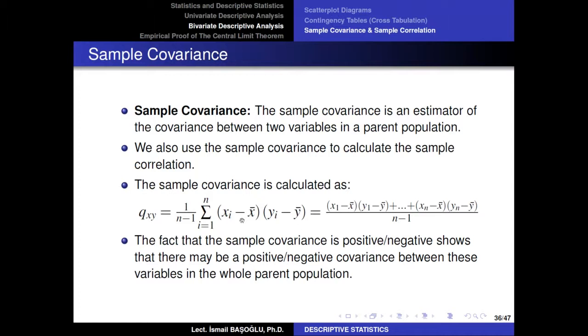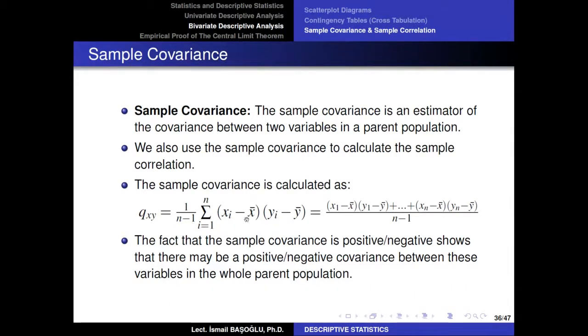So this is the deviation of the first variable, this is the deviation of the second variable, and this is the product of the two deviations, and we sum this product over each observation.